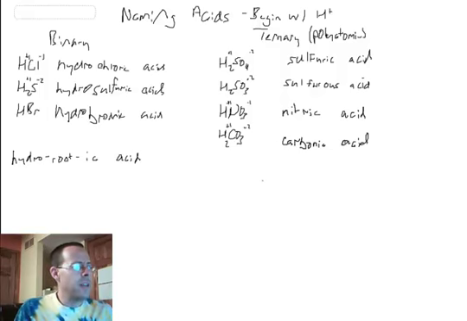As naming goes, we don't use the prefix hydro, as I mentioned already, and our root stems from our polyatomic ion. To the right of each of these names, we're going to write down the polyatomic ion that it comes from. Sulfuric acid is really just H with the sulfate ion.